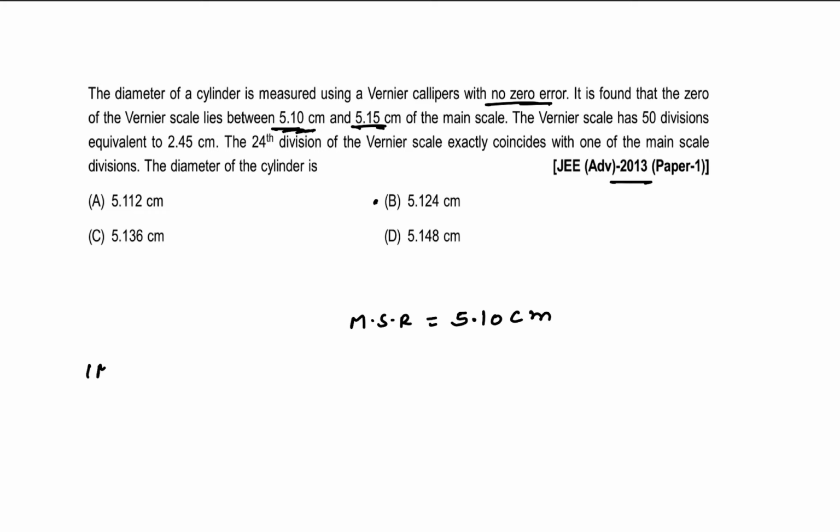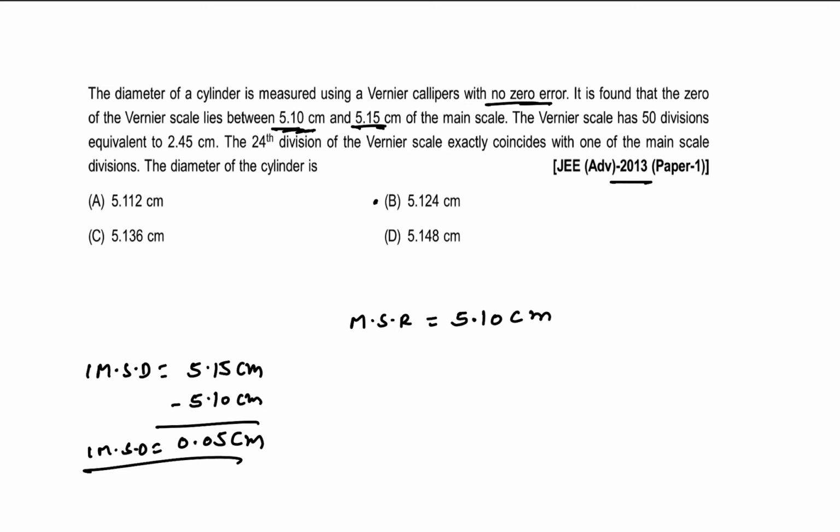Next, 1 MSD can be written as 5.15 centimeters minus 5.10 centimeters, nothing but 0.05 centimeter is the 1 MSD.